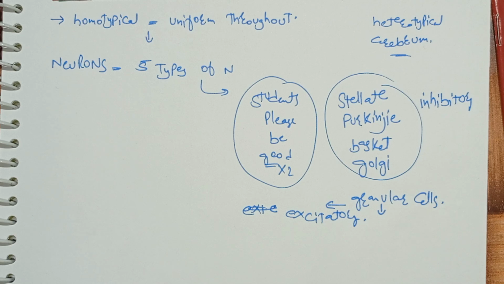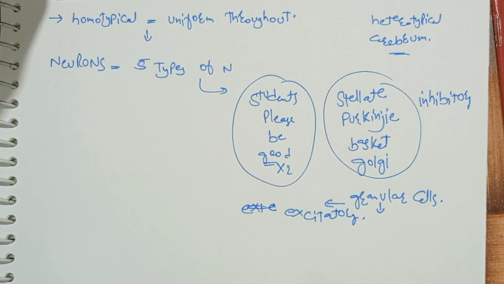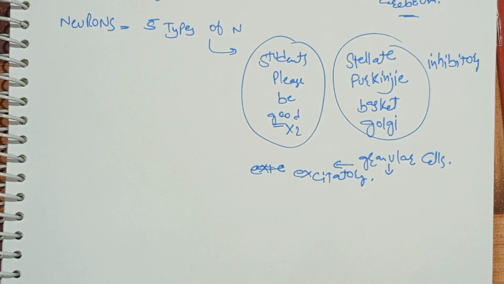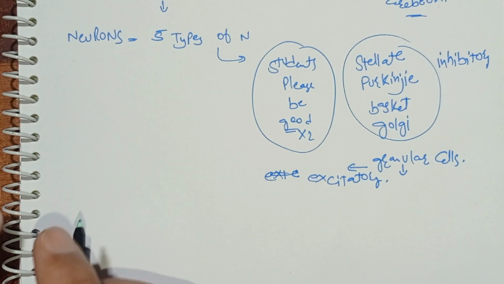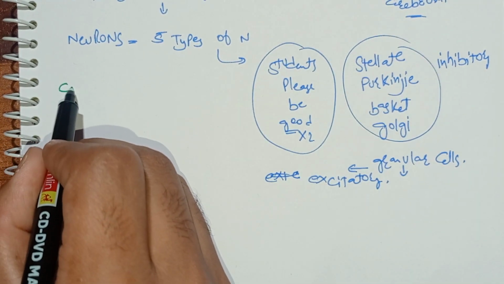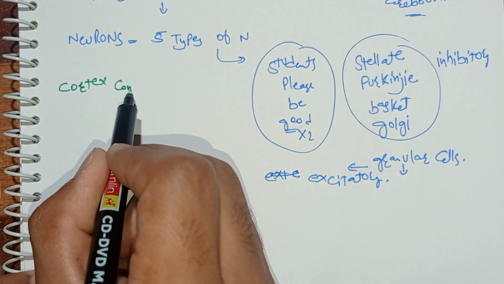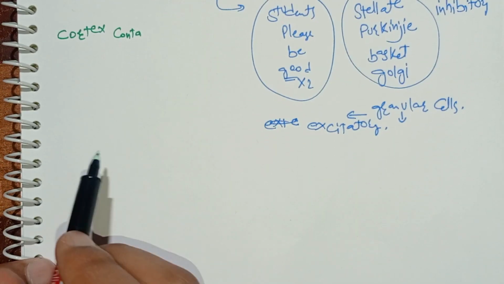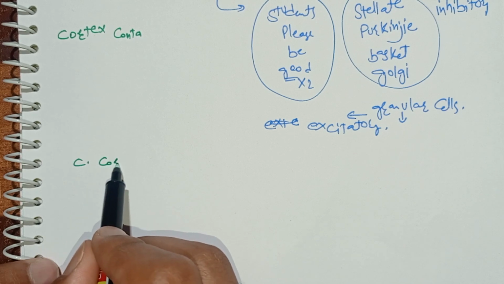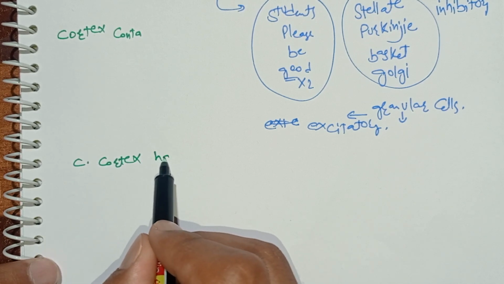Now we will talk about the layers. These neurons are arranged in layers. The cerebellar cortex contains three layers.